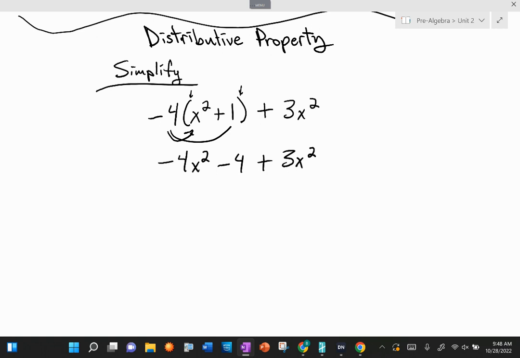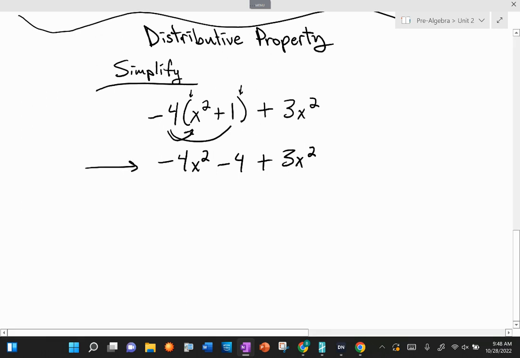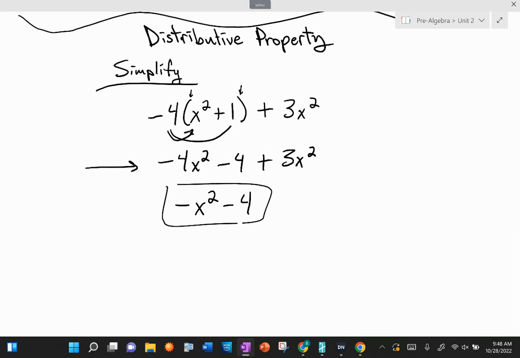Then when you get to this second line, we can go into simplifying. So I've got negative 4x squared plus 3x squared. It's going to give me negative x squared minus 4, and then I'm done. Wait, what happened to the 3x squared though? I combined it with the negative 4x squared.